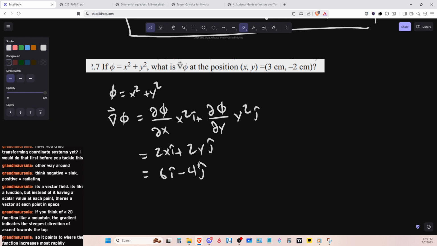Sometimes you just get so excited to solve the problem you forget that you are on the eraser button instead of the pen button. I think that's correct, because 3 times 2, and then negative 2 times 2. Yeah, that looks good.